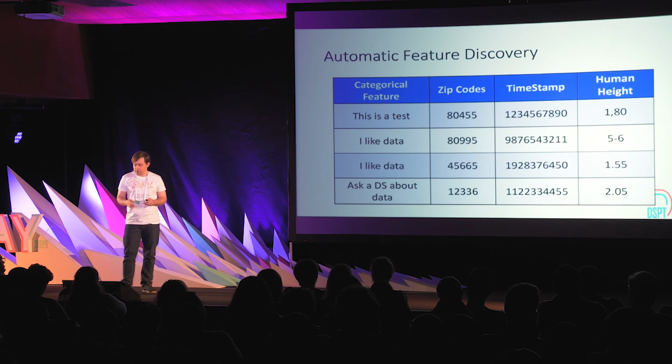And the last one, human height, right? But for the last one, there's a problem. There are different characters defining the numbers. For example, there are commas, there are points, and there are even different units. 5-6 probably is 5 feet, 6 inches, and it's mixed with meters in the other values, right?